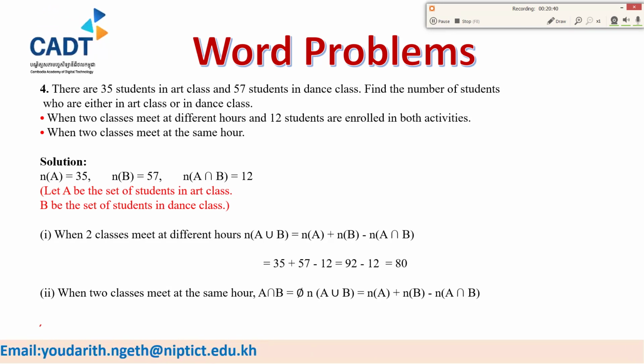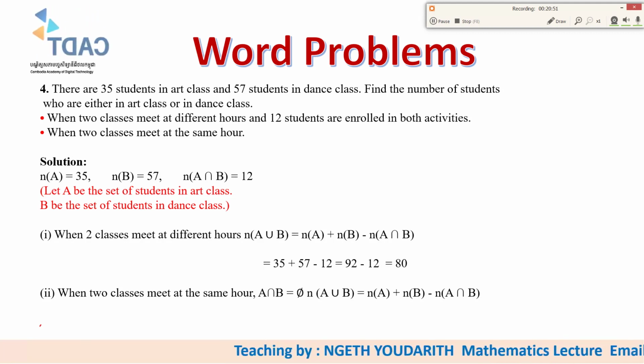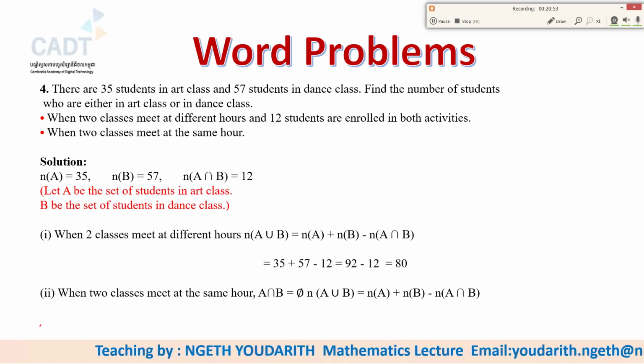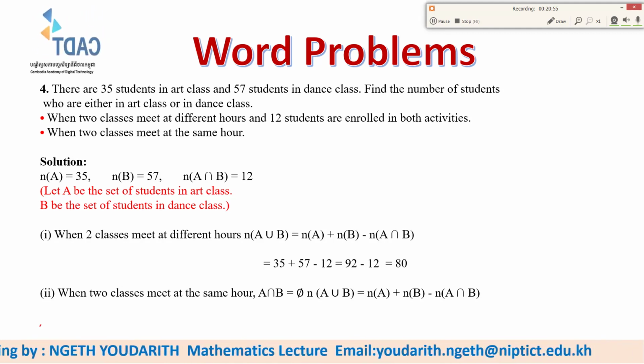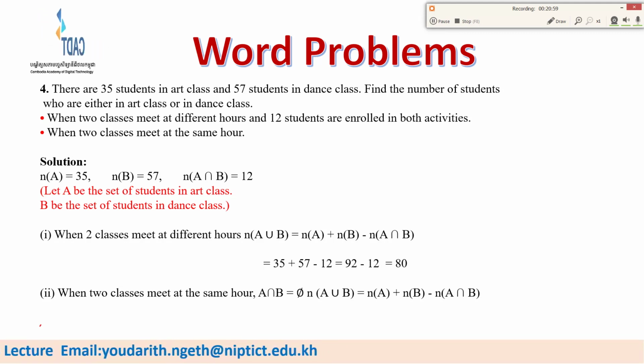80. When two classes meet at the same hour, it means that the classes are at the same hour. It means that they have only art class and dance class. So other students cannot join each other because they have different classes.